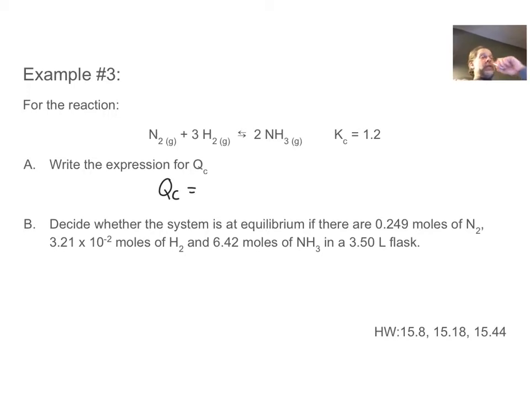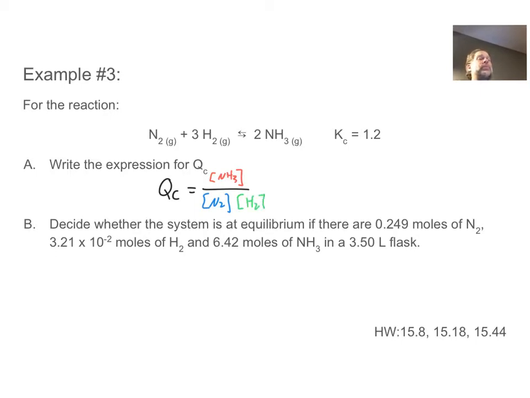The product in this case is NH3, so I'm going to have the concentration of NH3 over the reactants. Underneath I'm going to have the concentration of N2 and the concentration of H2.